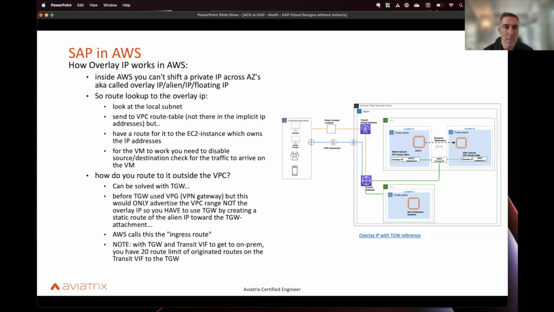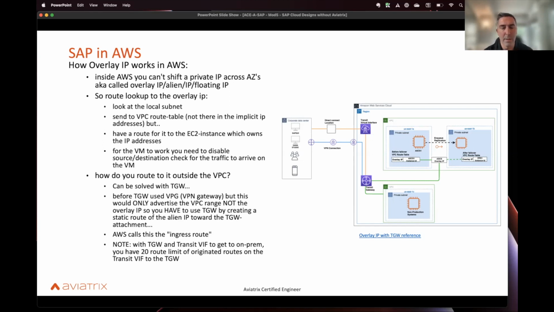But the way AWS routing works is that a private IP in a private subnet in, say, AZA cannot be moved to AZB. That IP can't move across availability zones.